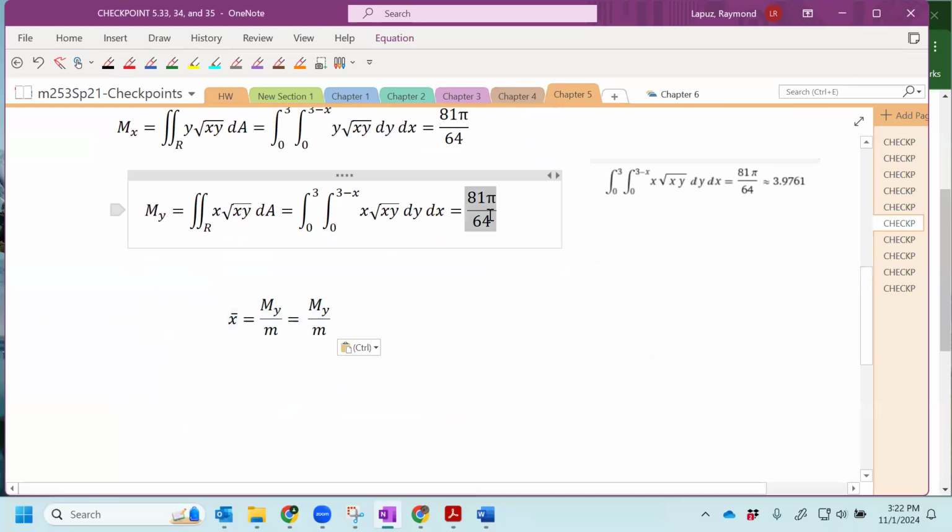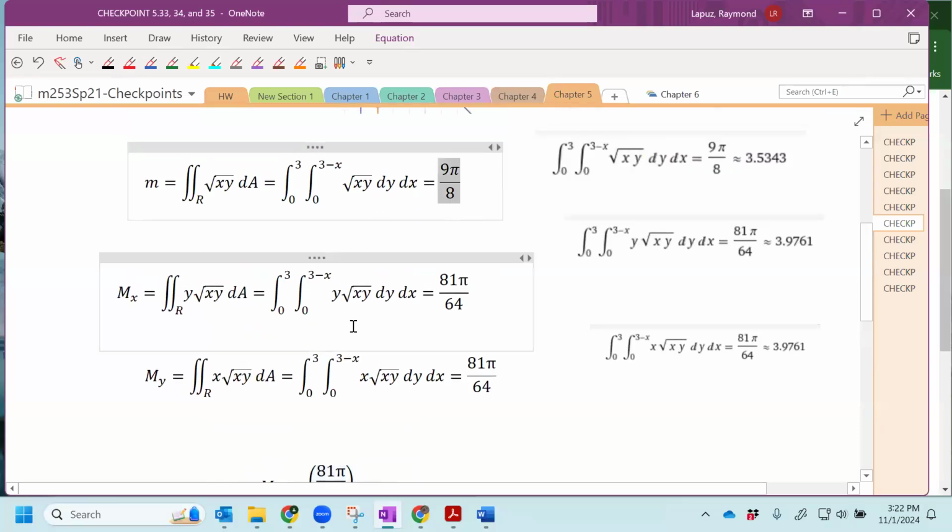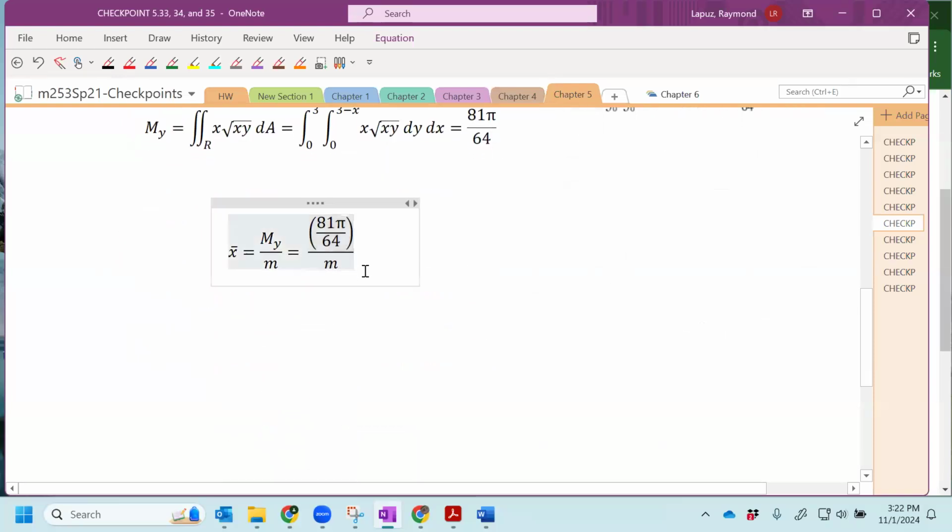It's 81 pi over 64, divided by 9 pi over 8. I see the 9s cancel and one of the 8s cancels, and the pi's cancel also. So I think that's just 9 over 8.